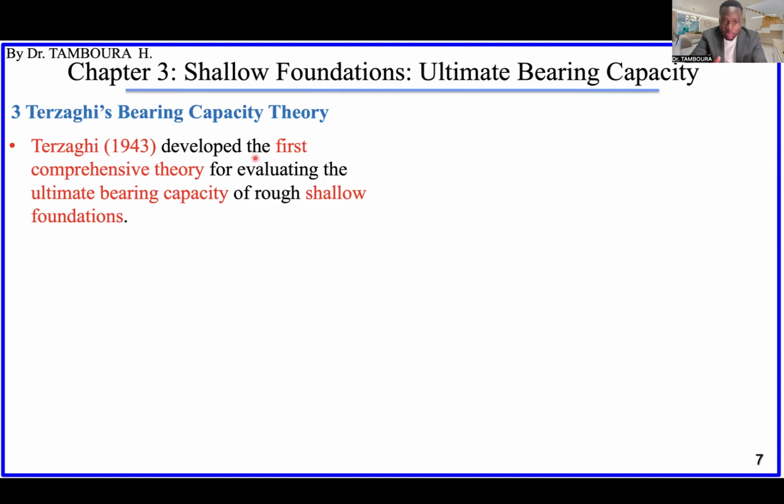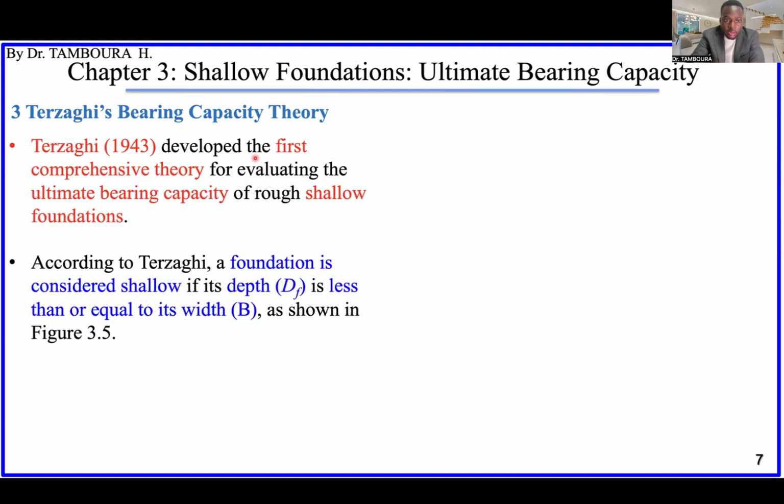According to him, a shallow foundation is a foundation whose depth is no more than the width of the foundation. The embedment depth of the foundation itself cannot be larger than B, the width of the foundation itself.